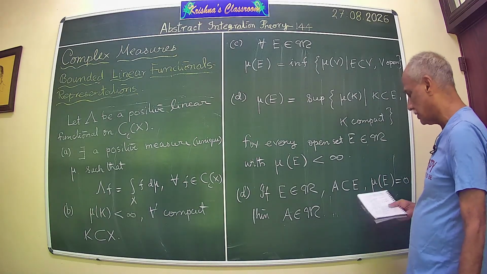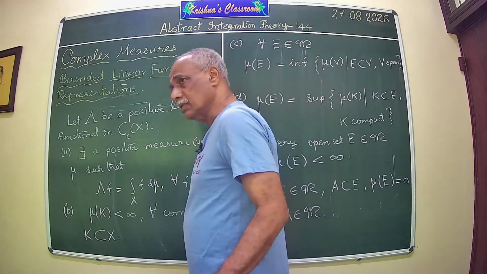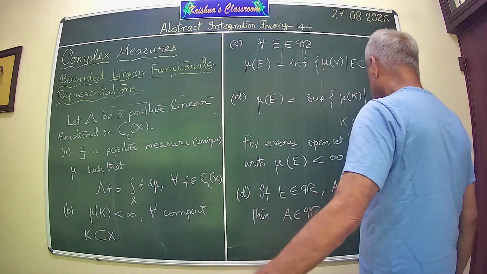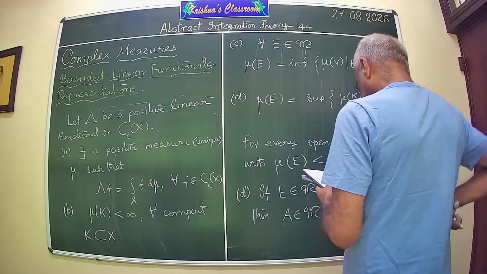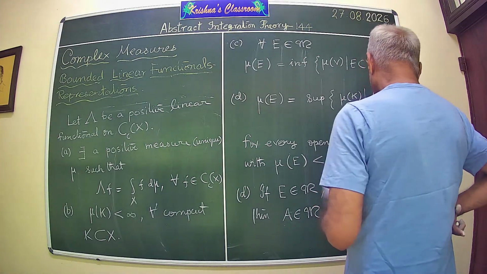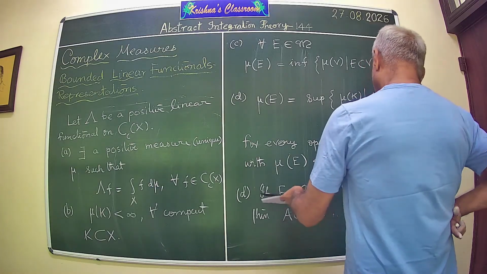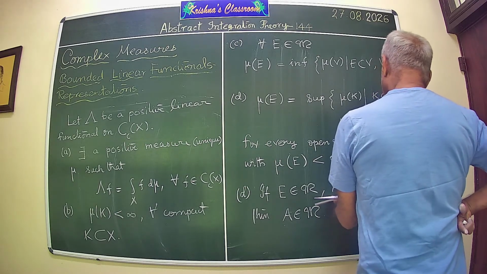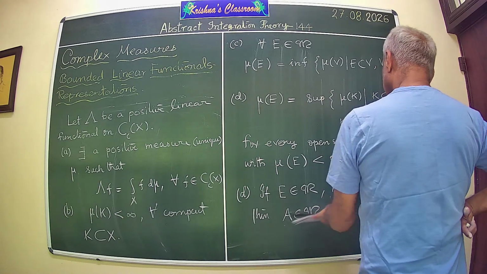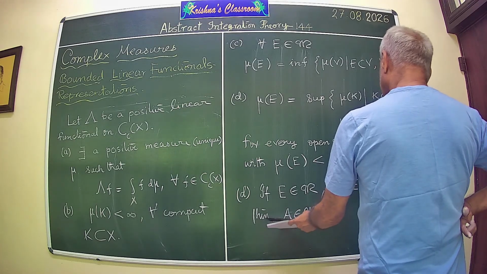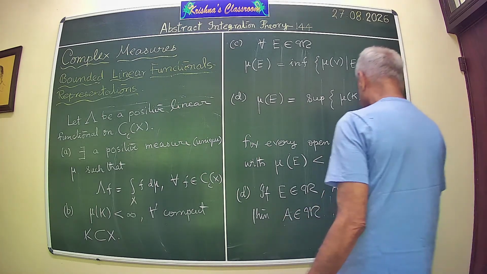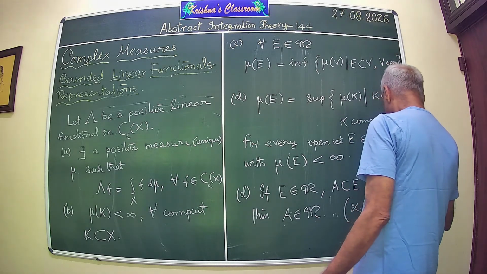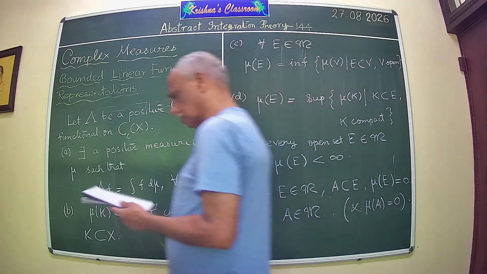Okay. If E is a measurable set and A is contained in E, then for all measurable sets with measure 0, every subset is measurable, and needless to say, mu of A equals 0. So this is what we have.